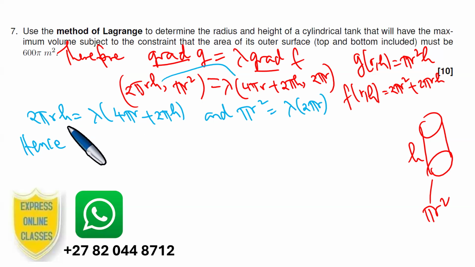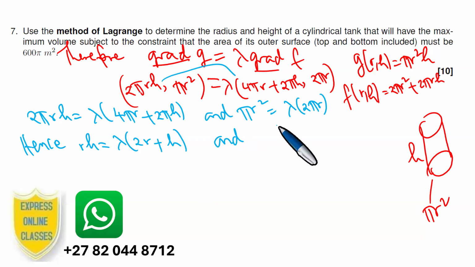The 2 pi is going to disappear, and it's going to give us r h equals lambda times, dividing by 2 pi, (2r plus h). And on the second one, we divide by pi r, which gives r equals 2 lambda.